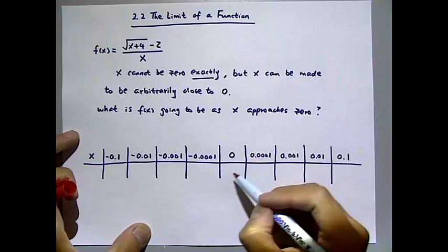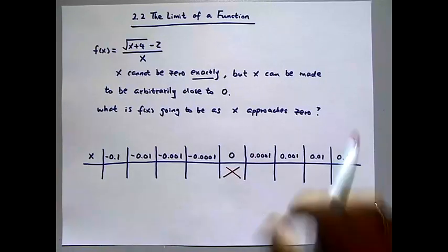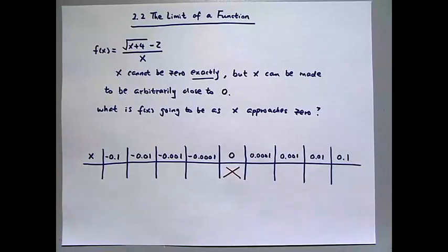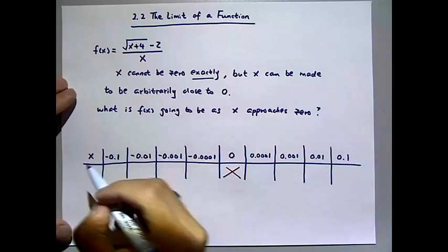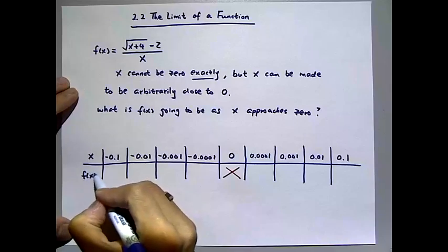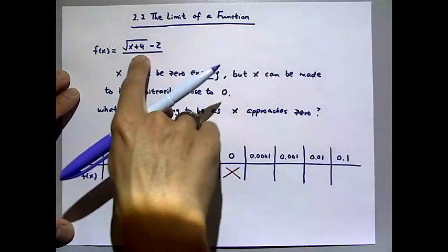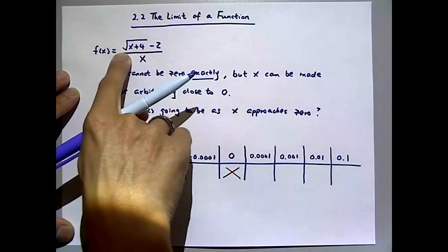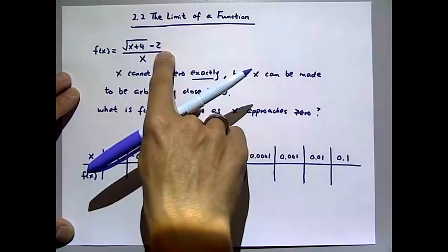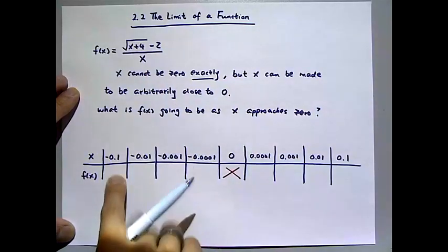Clearly, we cannot be right here. This is not a place where the function is defined. But everywhere else, no matter how close we get to 0, we can find a value. Okay, so if I take negative 0.1 and plug it in, I get the square root of 3.9 minus 2, over negative 0.1.